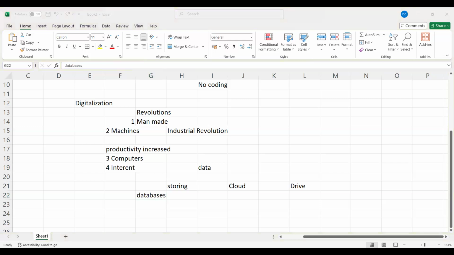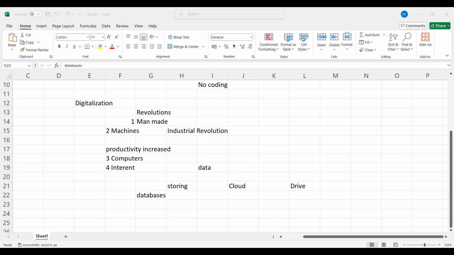Now let's try to understand what is a database and what is SQL. The reason I'm giving you all these scenarios is that first you need to understand the importance of data and how we personally are involved in the world of data. That's where you can understand the need for learning about databases and SQL, and how the concepts you learn in the SQL subject are applied in real time.